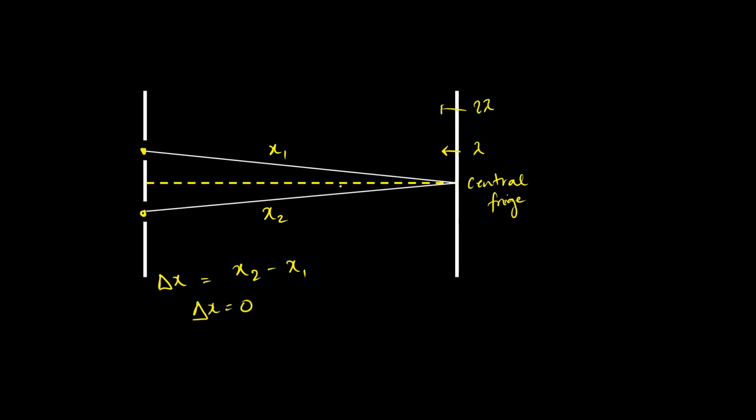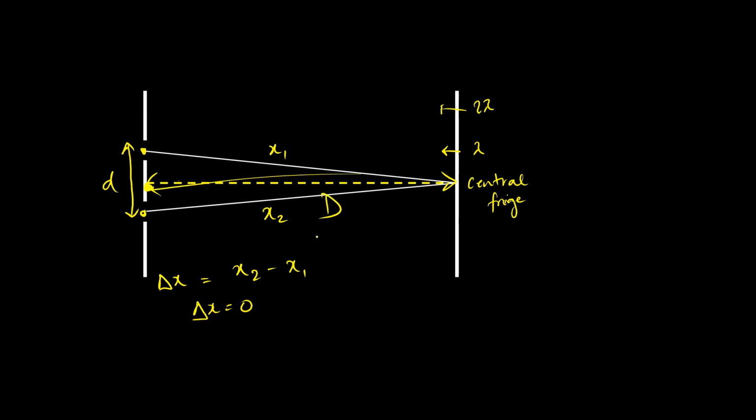Now, continuing to observe a few things. If we measure from here to here, this would be the distance between the two slits. From this point over here all the way to this side, that's the distance the slits are from the screen, right?